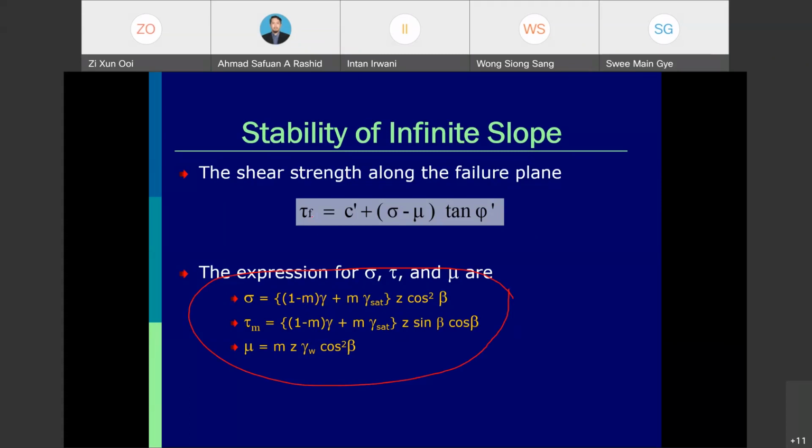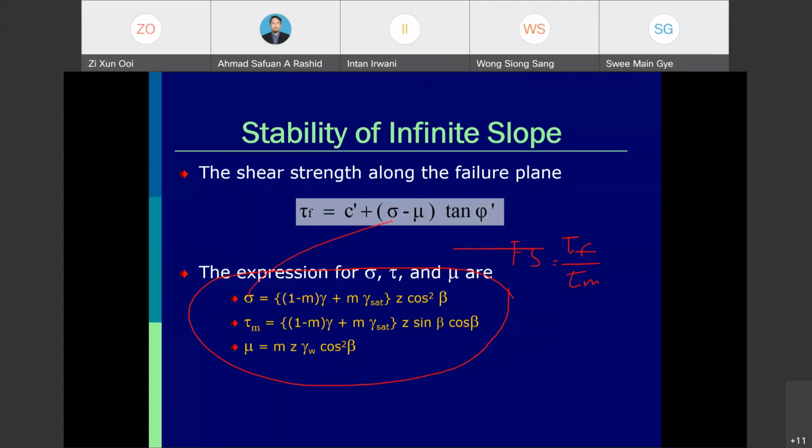So this is the tau F. To get the factor of safety value, tau F should be divided by tau M. So this is the equation of the sigma.